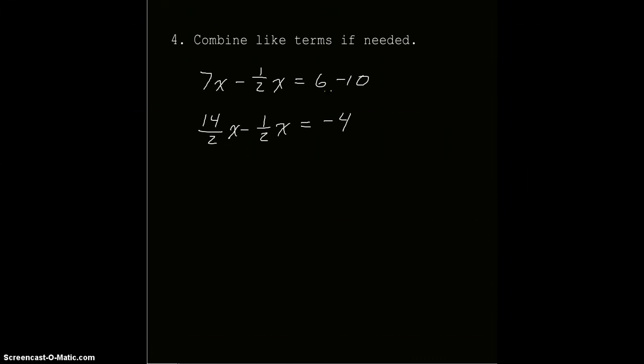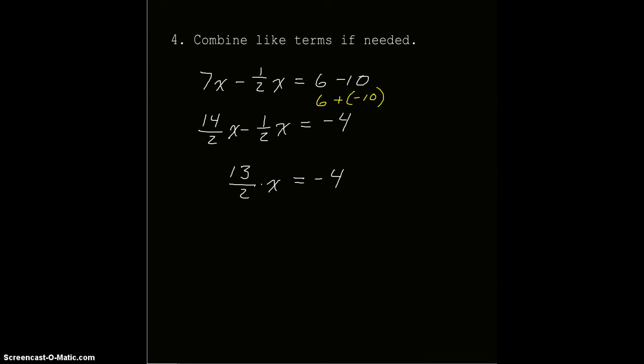You can, if you would like, think of that as 6 plus a negative 10, right? So 14 over 2x minus 1/2 x will give me 13 over 2x, and that will equal minus 4.